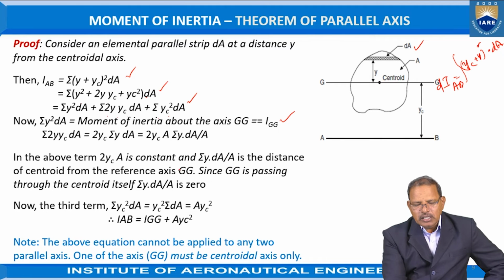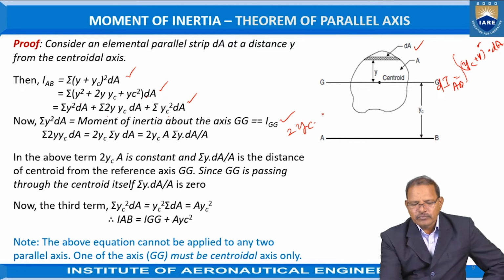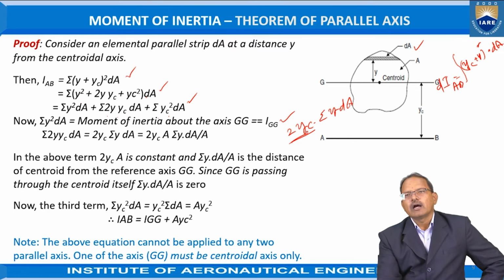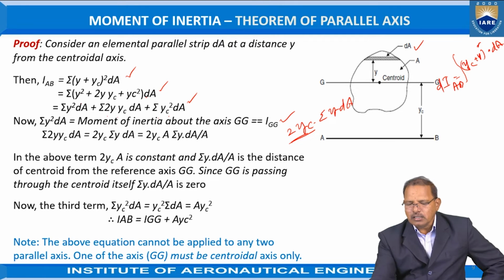So in the equation, 2 into YC is the constant, and the remaining term is sigma y dA. Multiplying and dividing by area, where sigma dA is equal to the area, it can be written as 2 YC into A times sigma y dA divided by sigma dA.